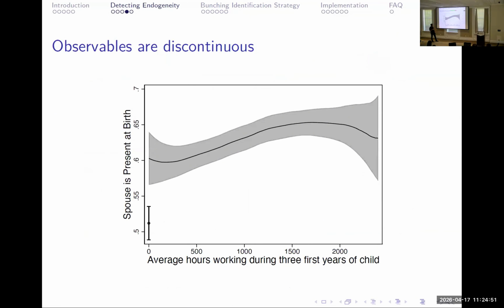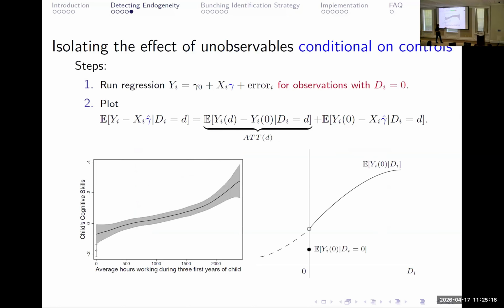Similar to, contrary to what Carol might say, having a husband around can help with the cognitive skill of the kid. And actually, you see some discontinuities here, suggesting that yes, there is some lower type at 0 compared to just above it. So you do see some evidence based on observables that there is a discontinuity in the type.